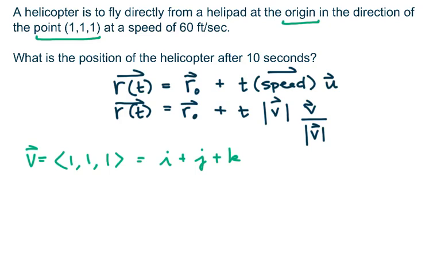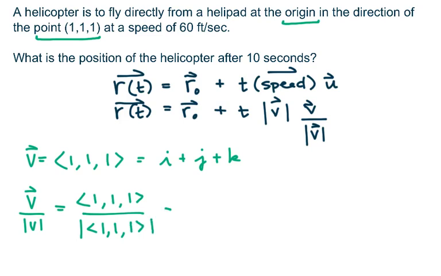We also need the unit vector for v. The unit vector for v is just v divided by the magnitude of v. So that's 1, 1, 1 divided by the magnitude of the vector 1, 1, 1. And the magnitude is the square root of the sum of the squares, so in the denominator I get root 3. All of those terms then become 1 over root 3.